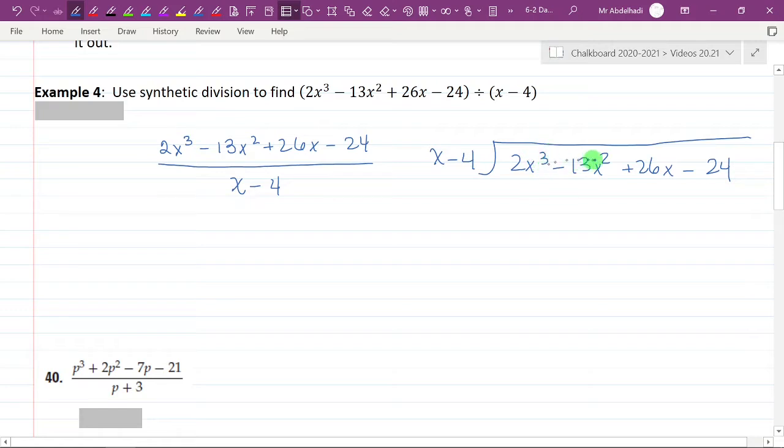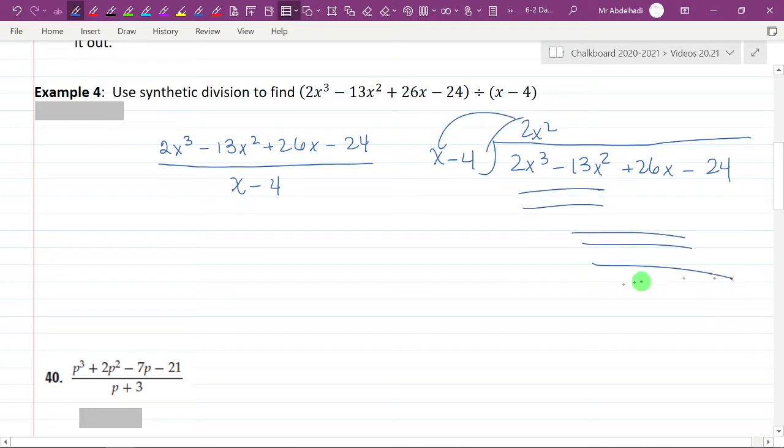So you have the third power, the second power, the first power, and the 0th power. All the powers are there. If you don't have a power, you're supposed to put a 0 in its place. We'll talk about that a little bit more later. And then you start the whole process. Like, what do you multiply by x to get 2x to the third? 2x squared, and you multiply that times that, and you end up getting this really long thing until you get to the bottom.